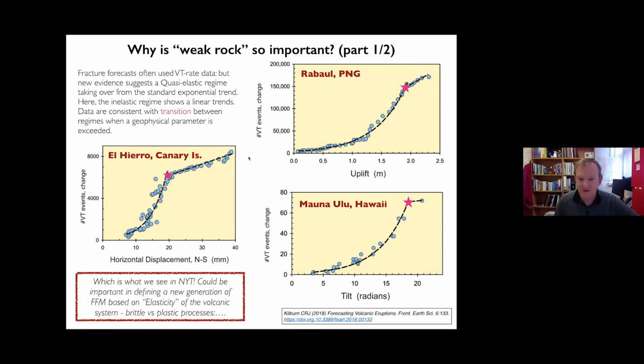And Chris is postulating in some of his recent work that this is because we move from a purely brittle type of process, such as Etna basalt, let's say, to some sort of plastic or quasi-plastic process once we get to some sort of geophysical threshold. Whether that's in this case horizontal displacement or uplift or tilt. And weak rocks tend to favour this plastic process of deformation, so it could be very important. And we see this is consistent with some field data.